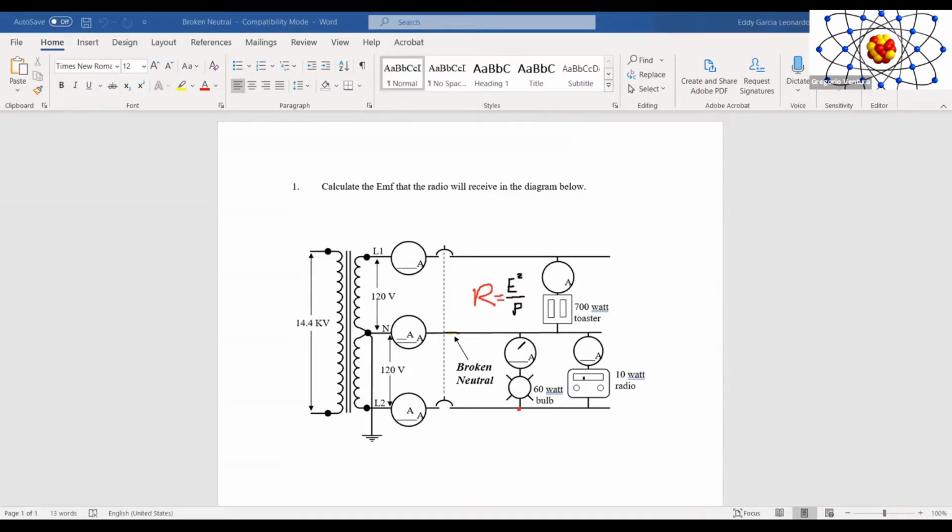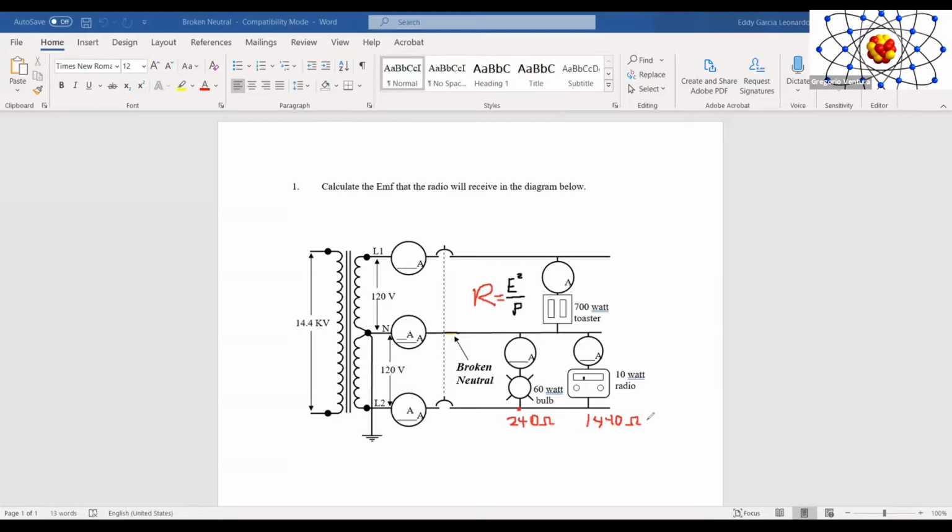So we have here 240 ohms. I'm going to be writing here the ohmic value because that's the value that doesn't change. 240 ohms. And for the radio, you said it was 1440? 1440 ohms. Perfect.